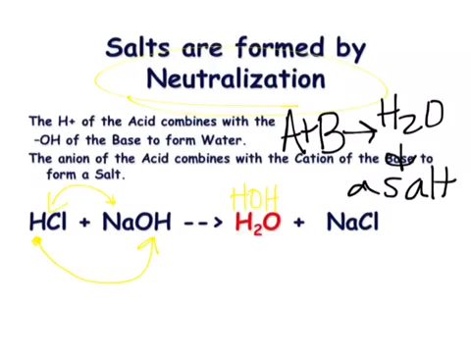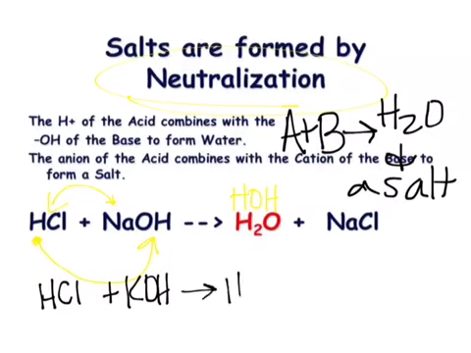I say and a salt. When I say a salt, I don't mean the stuff that you put on your French fries or your popcorn or whatever. A salt is a generic word for ionic compound. So anything that's an ionic compound. So if I were to have, say, HCl and KOH, my two products are going to be, one, always water, and the other one is going to be KCl. All right.